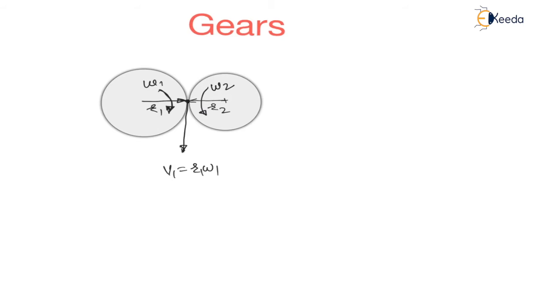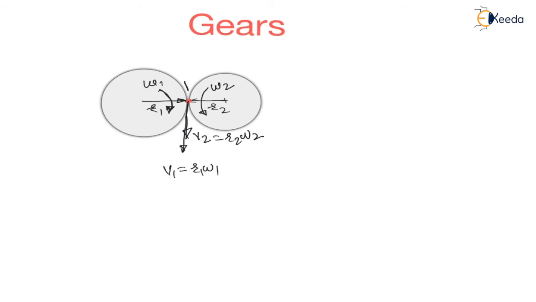Now the common point of contact, initially moving with velocity v1 on wheel 1, let us say on wheel 2 it is moving with velocity v2. Therefore v2 is nothing but r2 omega 2, right?